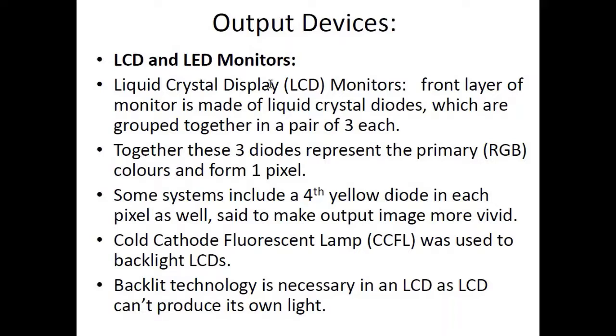Some systems include a 4th yellow diode in each pixel as well, in order to make the output image more vivid, more colorful, with better color combination. A CCFL, cold cathode fluorescent lamp, is used to backlight the LCDs. Backlight technology is necessary in an LCD as an LCD can't produce its own light.